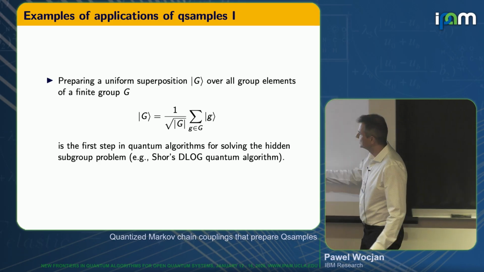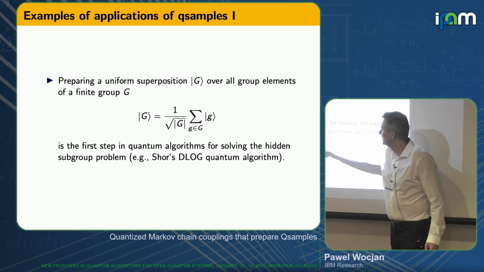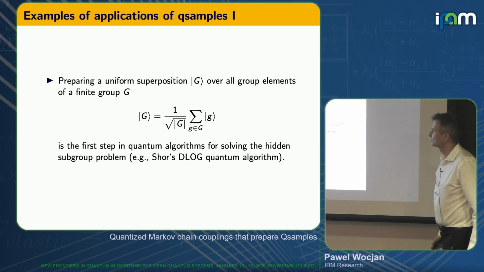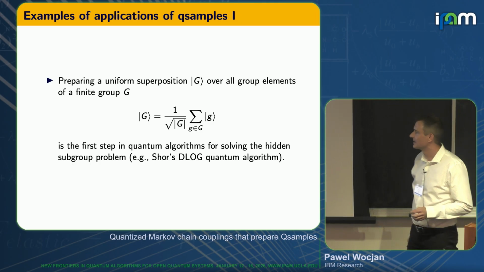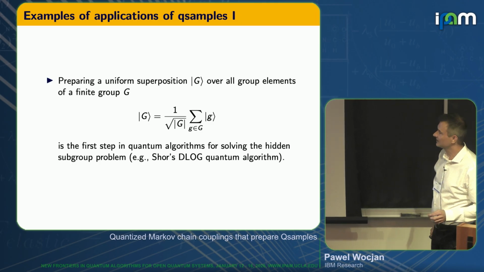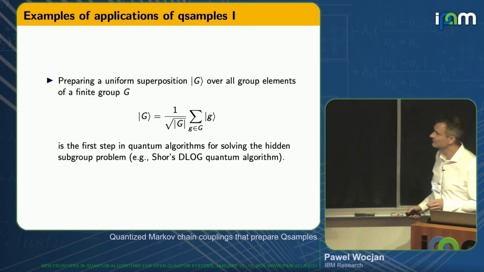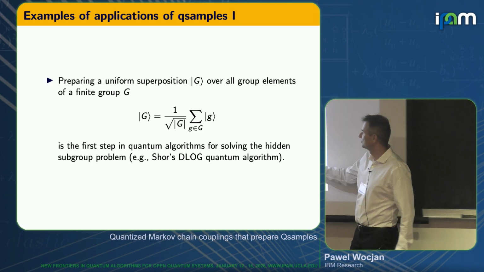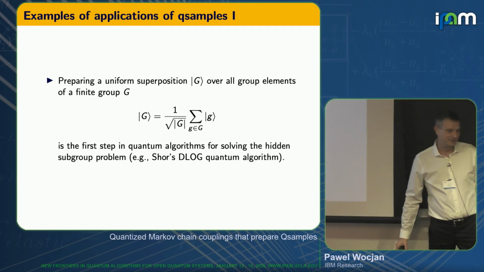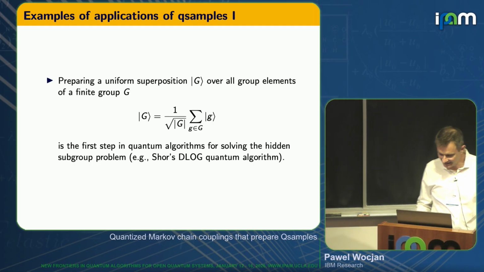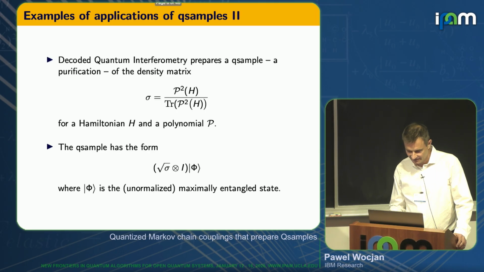This is the first step in quantum algorithms for solving something called the hidden subgroup problem. And the hidden subgroup problem is like a general framework for thinking about quantum algorithms. For example, Shor's algorithm for solving the discrete logarithm problem can be cast as a hidden subgroup problem.